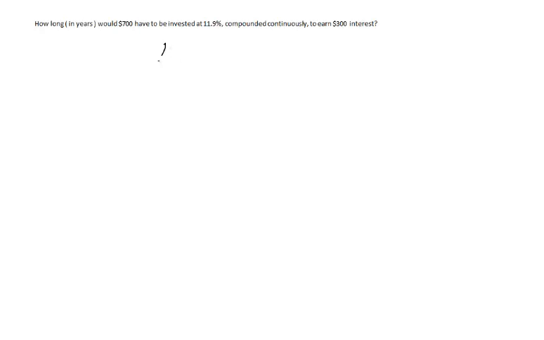We have A is equal to principal times e raised to the RT. So now our A is equal to our accumulated, and we started with $700 and we earned $300 in interest. So we have $1,000 for our A is equal to our principal, which was the amount we invested, $700, e to the RT.